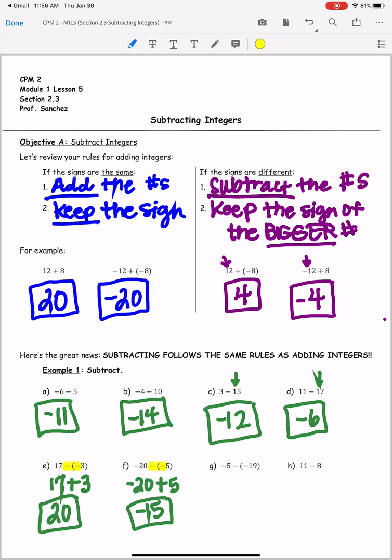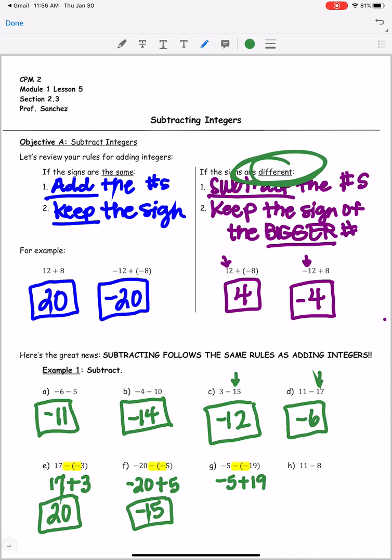G, we got a double negative again, so let's clean that up. So it's going to be negative 5 again. I'm not changing that negative in front of the 5 because that's not where the double negative is. Negative 5 plus 19. So same signs or different signs?